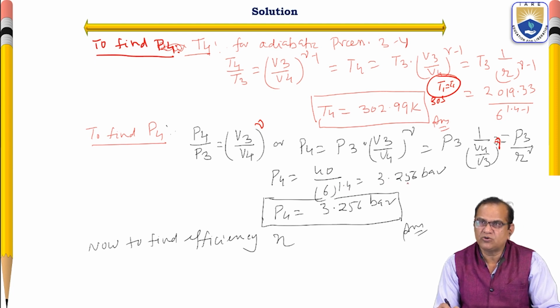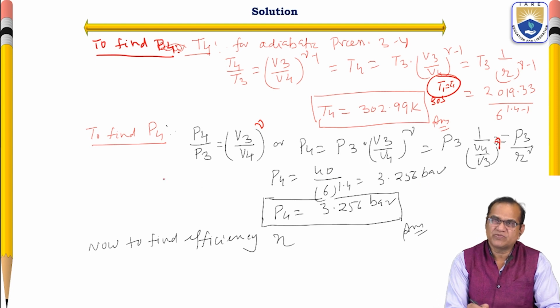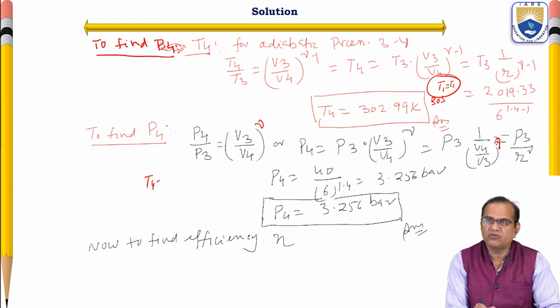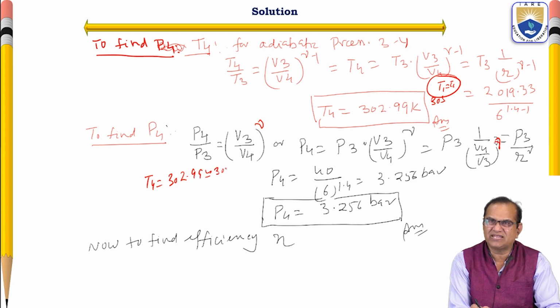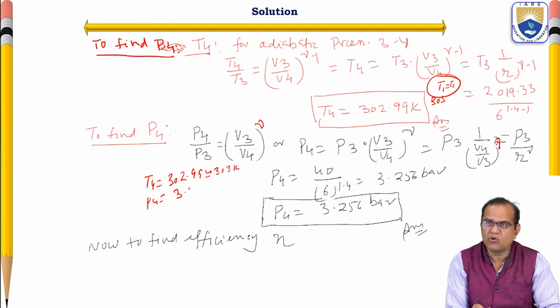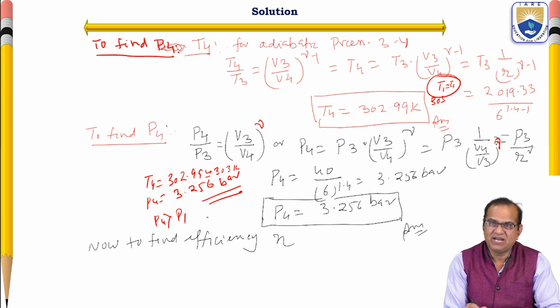It is 3.256 bar. So at T4 you have 302.99, you can write it as 303, the same as T1, and P4 is equal to 3.256 bar. This pressure is higher than P1. P4 is greater than P1, but T4 is less than T1.